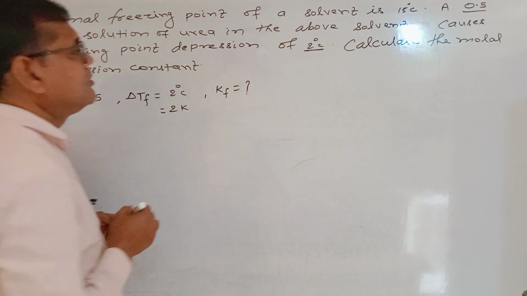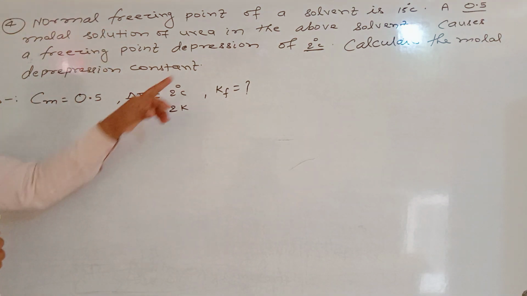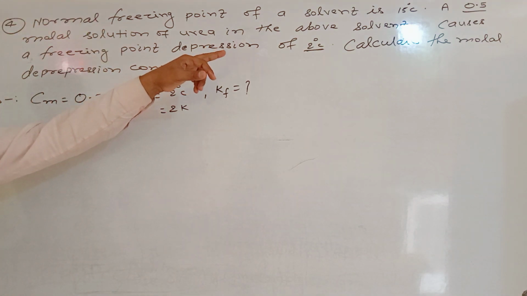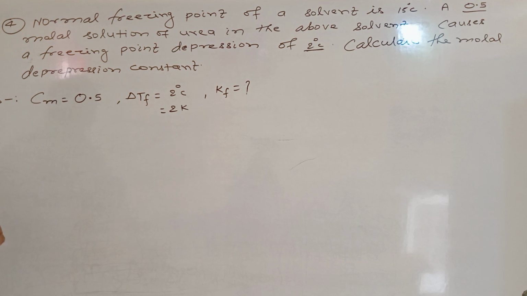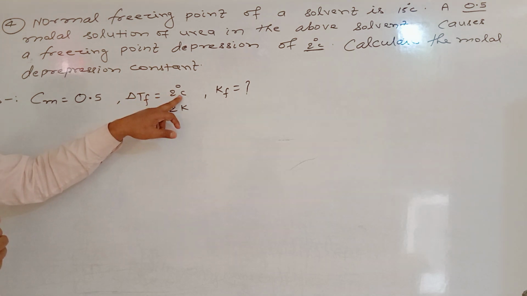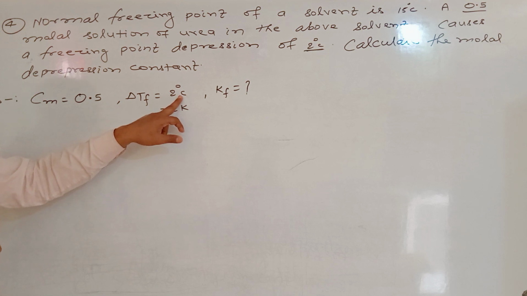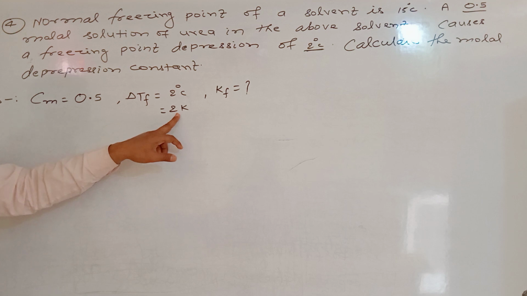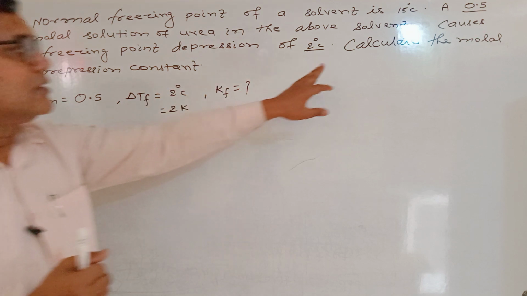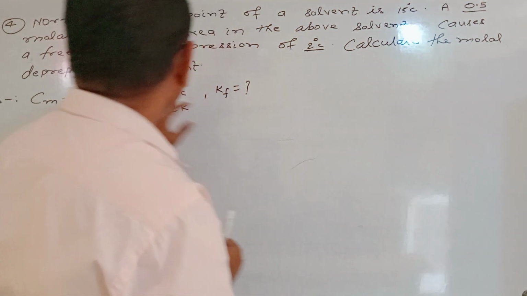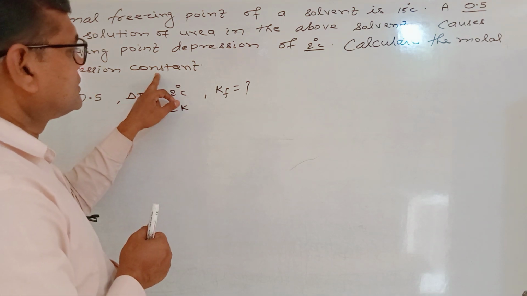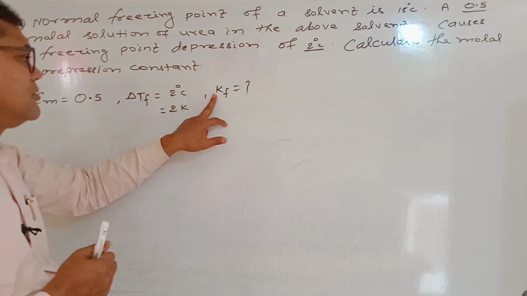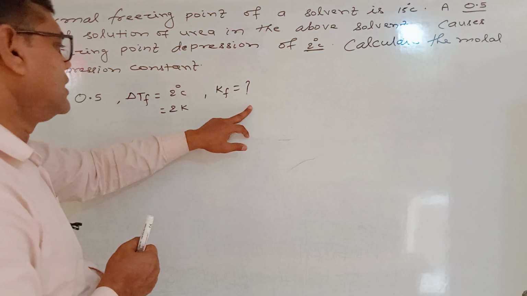This value indicates delta Tf. It is a value of depression of freezing point in degrees Celsius. 2 degrees Celsius we directly convert into Kelvin. Therefore we write 2 Kelvin. The symbol of molar depression constant Kf is equal to what?